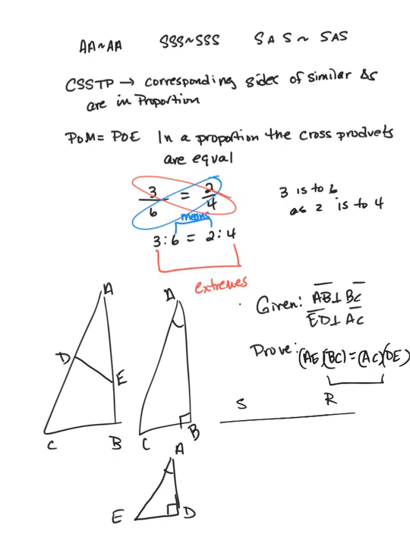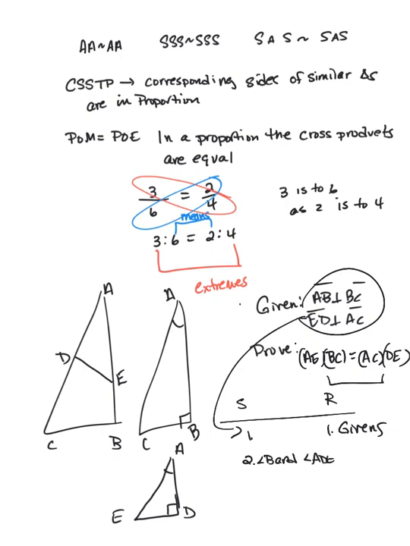So just to remind you from the last time, I put my givens, right? And then in step 2, I proved that angle B and angle ADE were right angles. And that's because perpendicular lines form right angles.